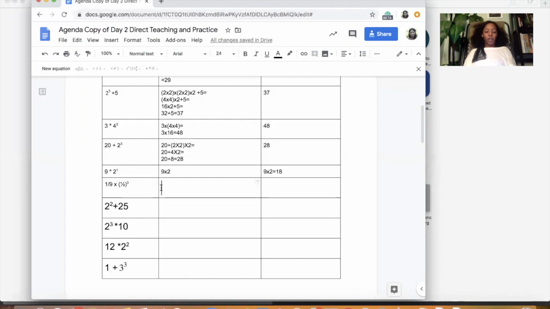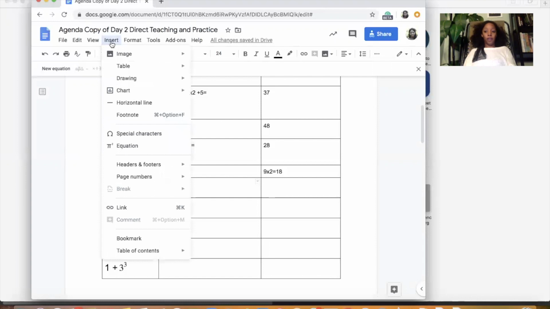So I am going to teach you how to use a special function on your computer that is only on Google Docs. We're going to make an actual fraction so that it makes it easier for us to visualize multiplication of fractions. I'm going to go to the top and find the word insert.